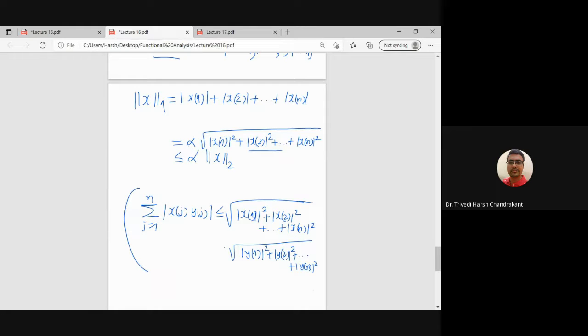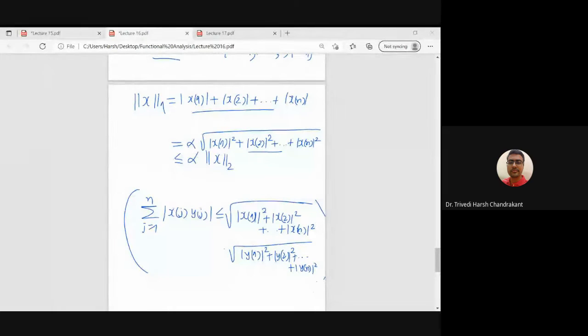So if you use this Cauchy-Schwarz inequality for this number, then what will be alpha? Yes, what will be alpha? Tell me.